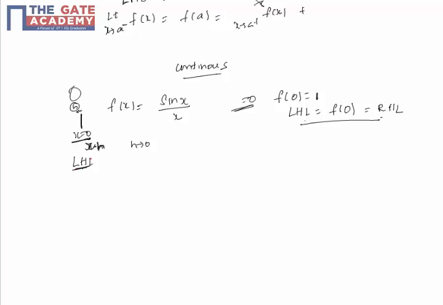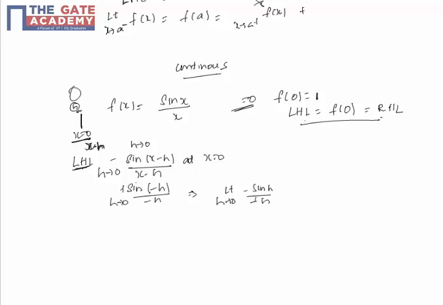So limit h tends to 0 of sin(x minus h) by (x minus h) at x is equal to 0. If you keep x is equal to 0, then it is sin of minus h by minus h, limit h tends to 0. So this will be limit h tends to 0 of minus sin h by minus h, which value is equal to 1.